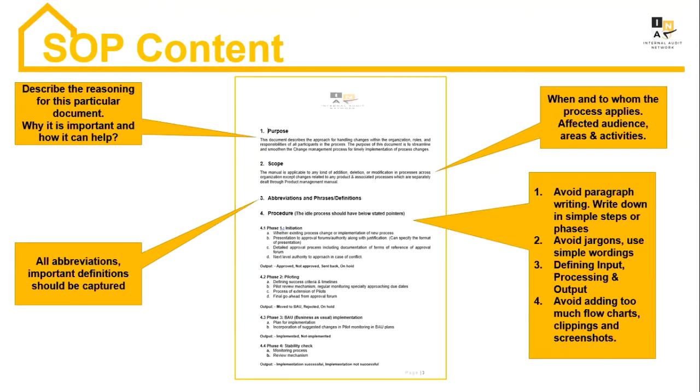When you did the BAU implementation, after that you have phase 4, stability check. It means when you did the BAU implementation, whether it is implemented or not implemented. Not implemented scenarios would be very few, but if it is not implemented, it will again go back to the second phase, piloting, and the reasons and everything will be taken care of. If implemented, we need to check stability; the monitoring mechanism and review mechanism can be captured here.